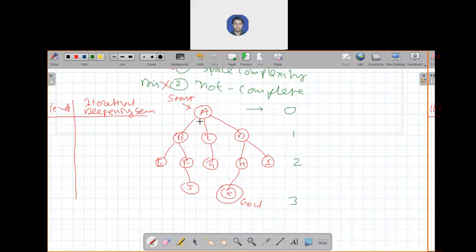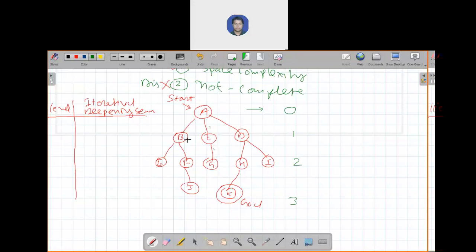Depth is nothing but how far the node is from the start node. Take the G node, for example: how far is it from the start node? As you can see, it is at depth 1, and so on.